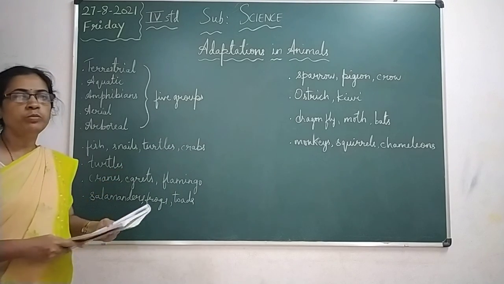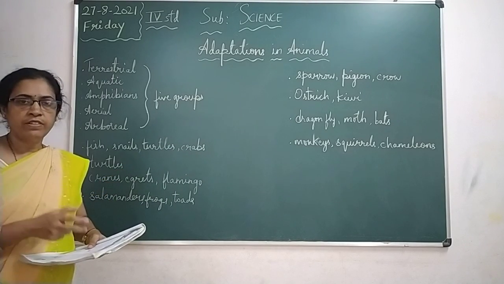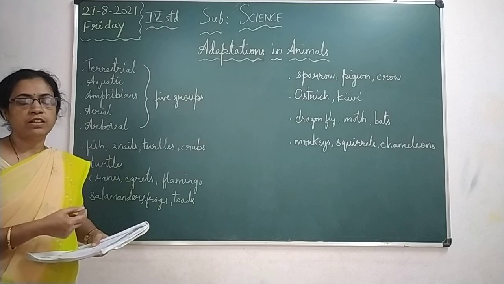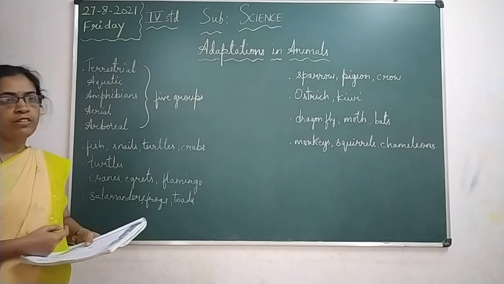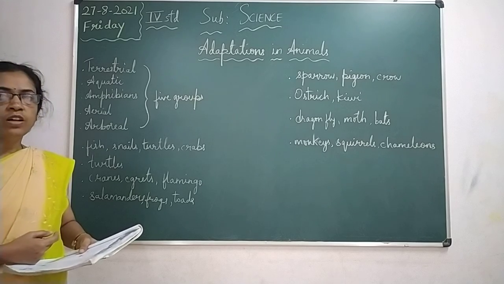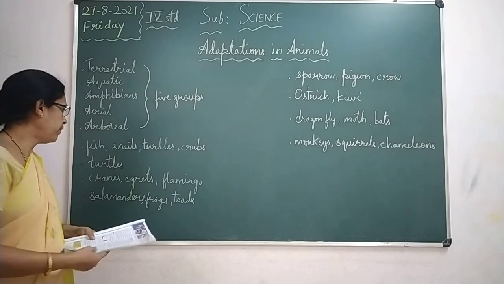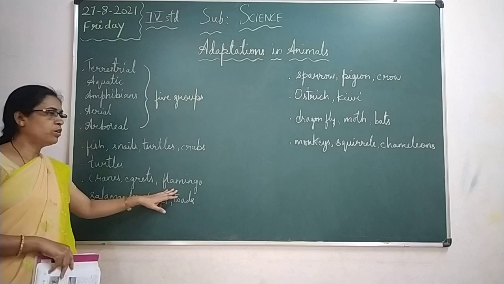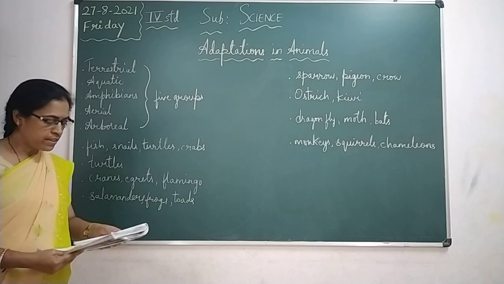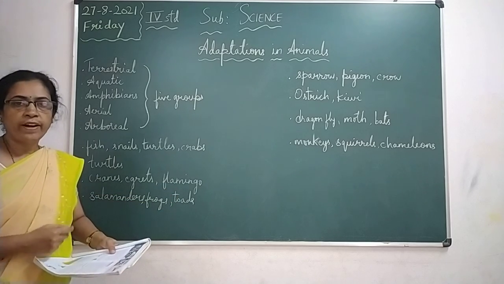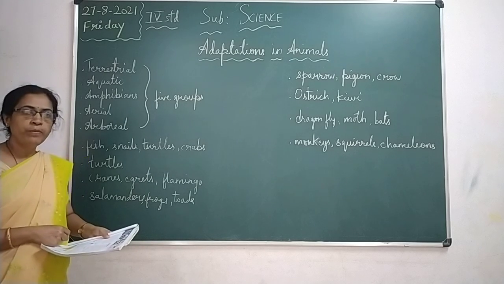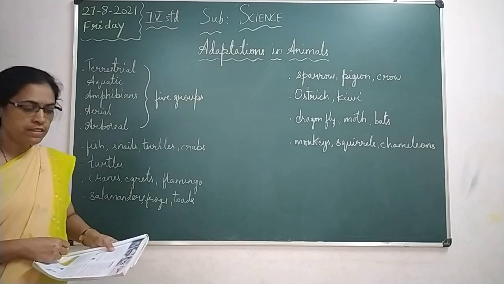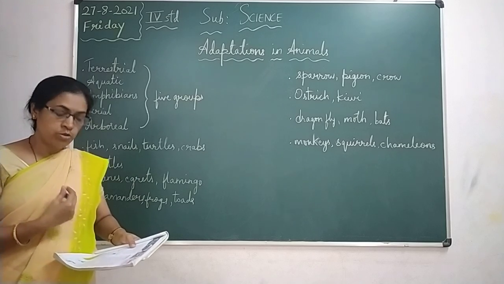And then how do birds live in the water? Some birds are there, like ducks. Cranes, egrets and flamingos have long legs which help them to wade in the water in search of fish. And ducks have webbed feet which help them to easily swim in the water.